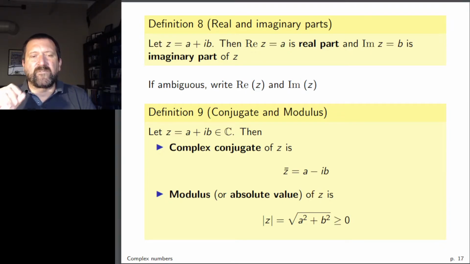The complex conjugate of a number z equals a plus ib is z with a bar on top, and it's simply a minus ib. Okay, so instead of b, you use minus b. And the modulus, sometimes called absolute value, but I will always say modulus, is the square root of the sum of the squares of the components of z, okay? And that is always a real non-negative number.